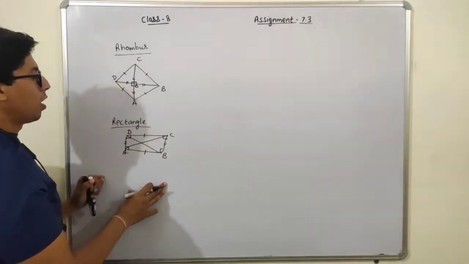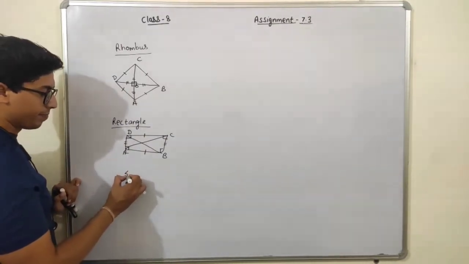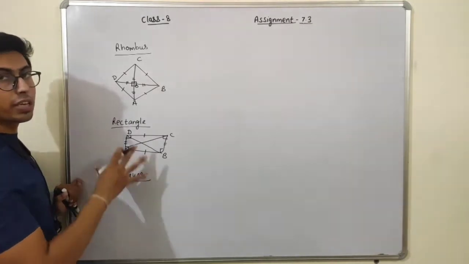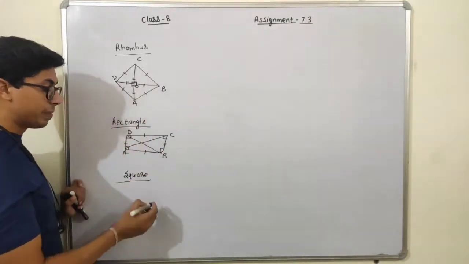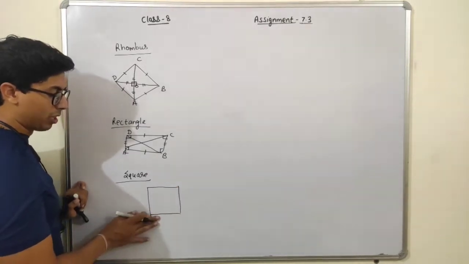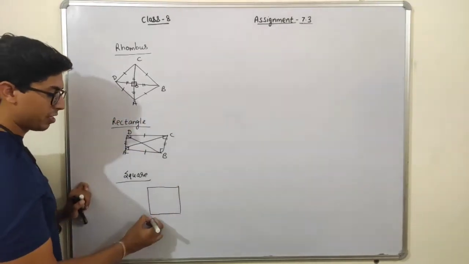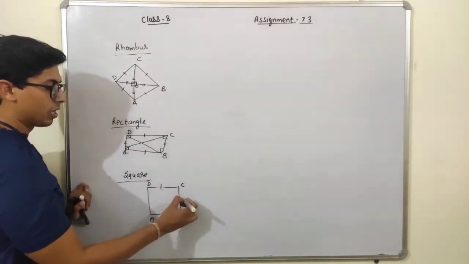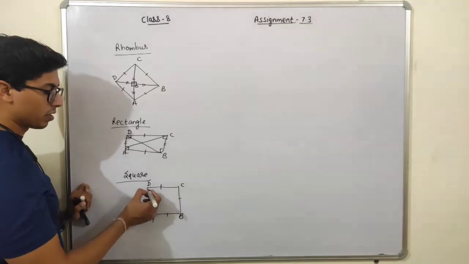Okay. Now, students, if I take the square, students, square is the king of the quadrilaterals. King of quadrilaterals means because it follows all the properties. This means, see, if I take ABCD, all the sides of square are equal.